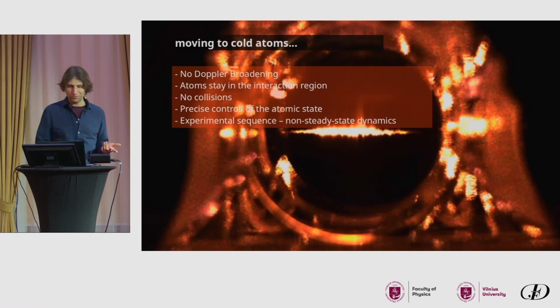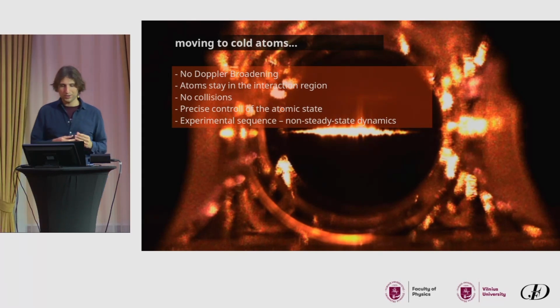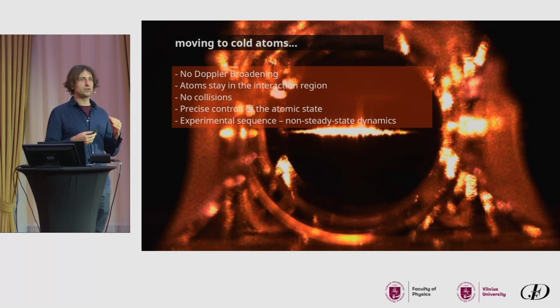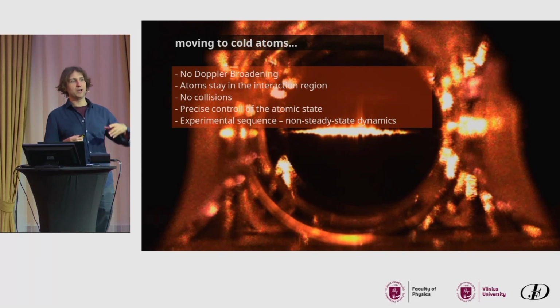Therefore, we decided to also do those kinds of experiments with a cold atom system, which offers us a simpler system to model without much of the chaos that happens in a hot vapor cell. Also, no Doppler broadening, which simplifies the atomic calculations, and the ability to shape a certain concrete atomic sequence in a typical quantum metrology way, where you prepare some state of the atoms, you measure the microwave field with the atoms, and then you try to evaluate the state.